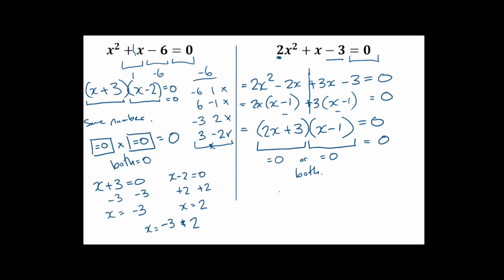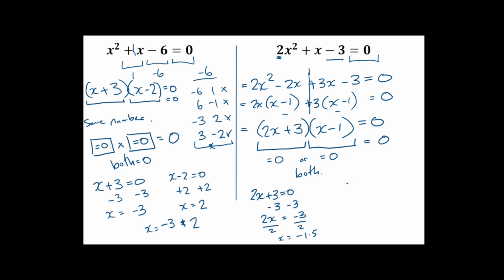So now I've got 2x plus 3 equals 0. So I'm going to take 3 away from both sides. 2x equals -3. I'm going to divide both sides by 2. So x equals -1.5. That's one of the answers.